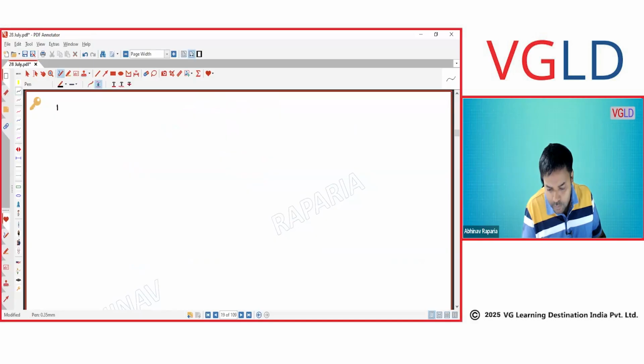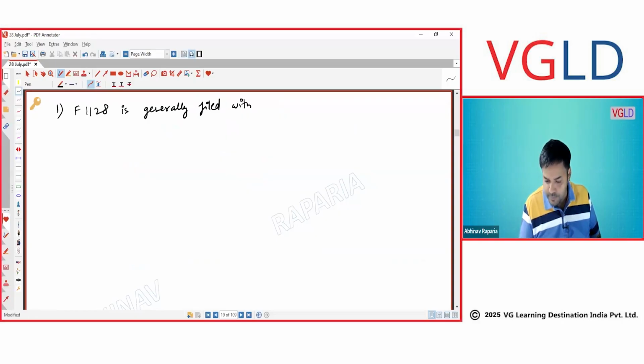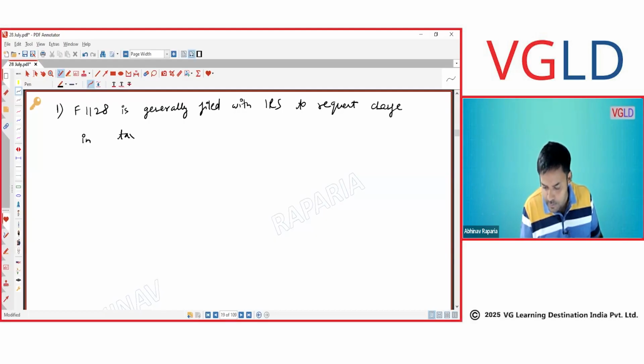Form 1128 is generally filed with IRS to request a change of tax year.